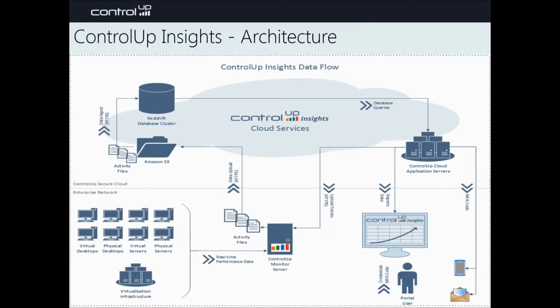In order to enable Insights, we have a pretty robust upload mechanism that is in charge of feeding the database. The way it works, we continuously write the real-time data to local activity files on the actual monitor server hard drive. And once every 30 minutes, we upload the data to Amazon S3, which is our secure storage area in the cloud.